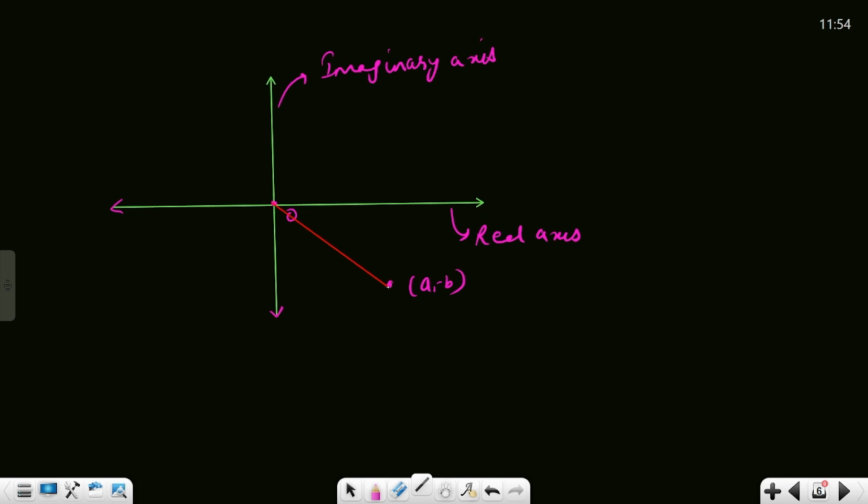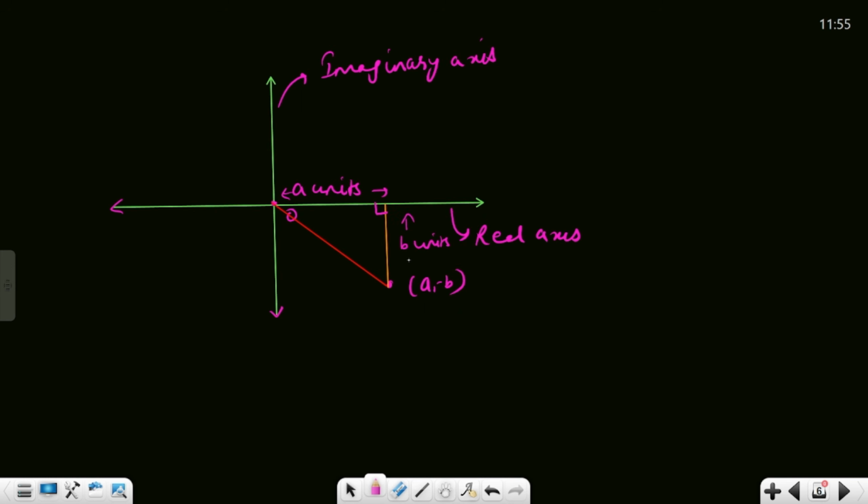Then you drop the perpendicular from a comma minus b to the positive side of the real axis. Simple, same thing we are doing. Now this is a units, and this is b units.